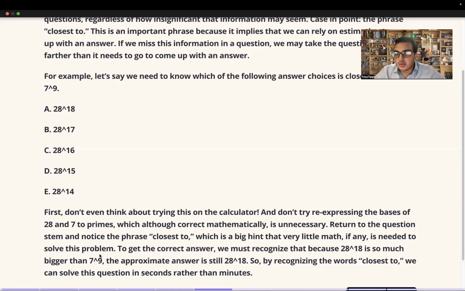And certainly it means you do not need a calculator to solve this problem. To get the correct answer, we must recognize that because 28 to the 18th power is so much bigger than 7 to the 9th power, the approximate answer is still 28 to the 18th power. So by recognizing the words closest to, we can solve this question in seconds rather than minutes.